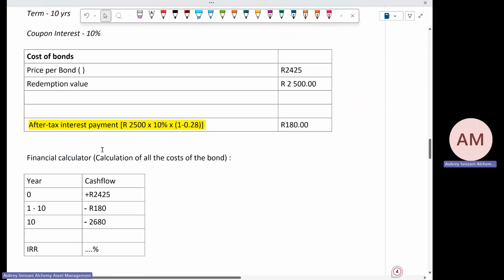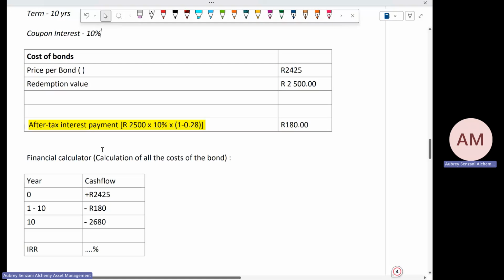They purchased our bond, so that's the income. Then we are paying them 180 every year. And then at the end of year 10, we're paying them the 2,500, right? And we're paying 180, isn't it? Which is one coupon. So that's fine.